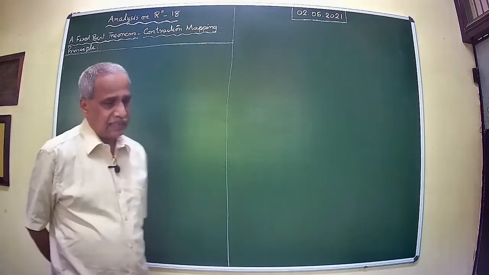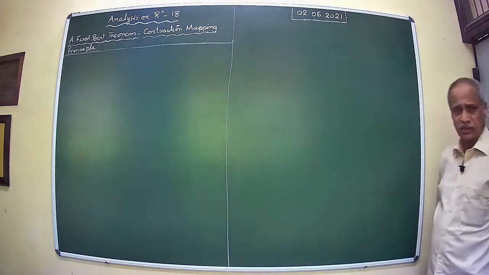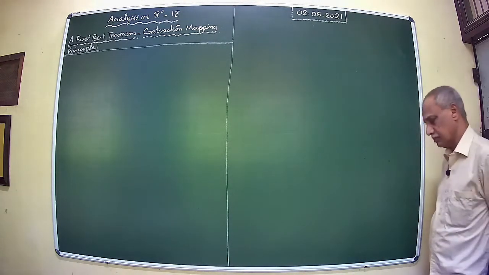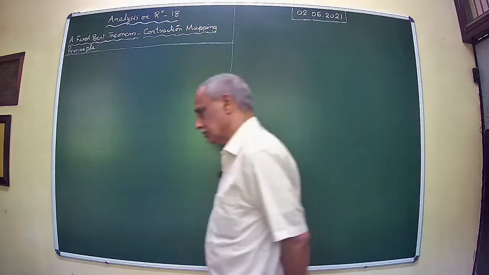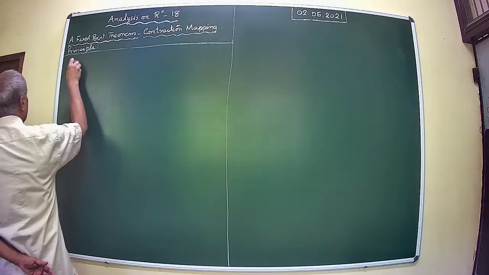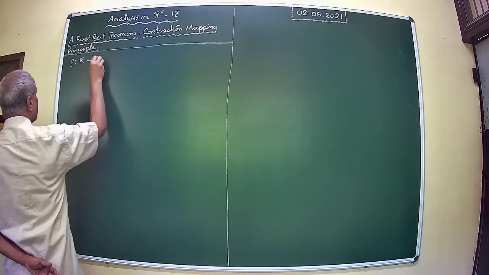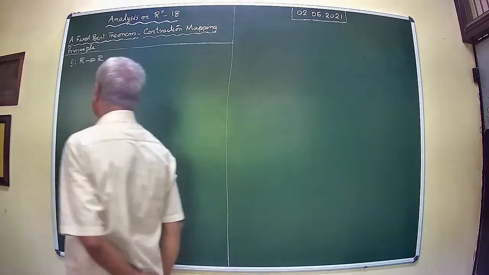We would like to ask the following question: does there exist any x where the function vanishes? That is, f is defined from R to R. We have put extra conditions.